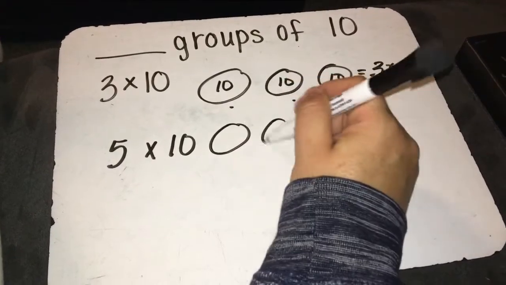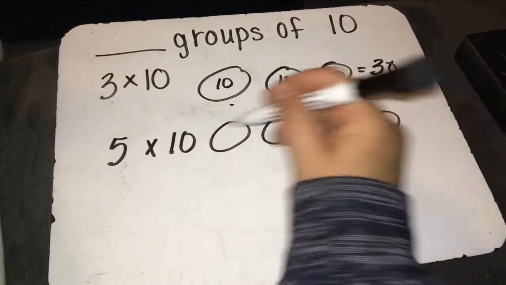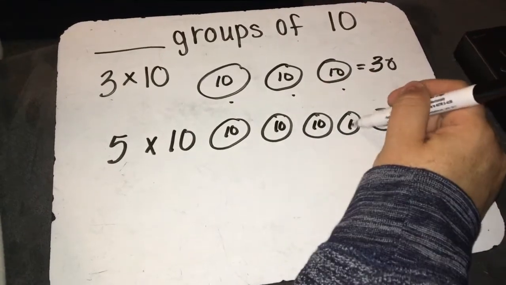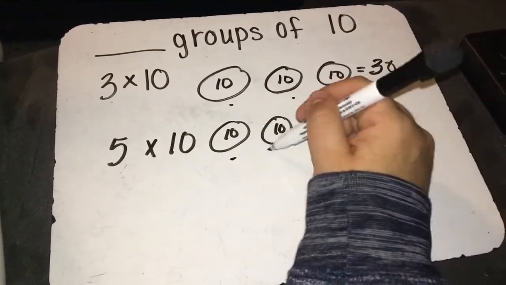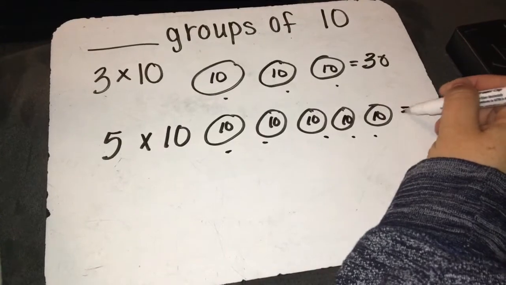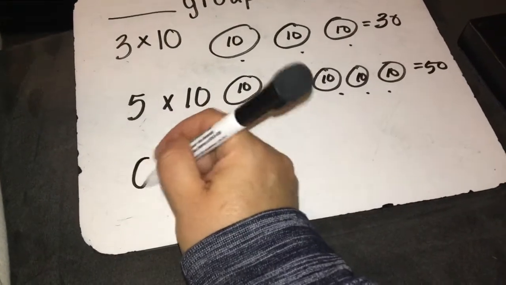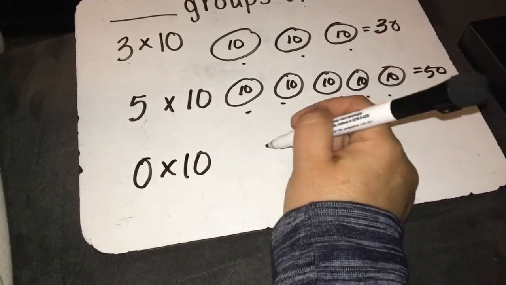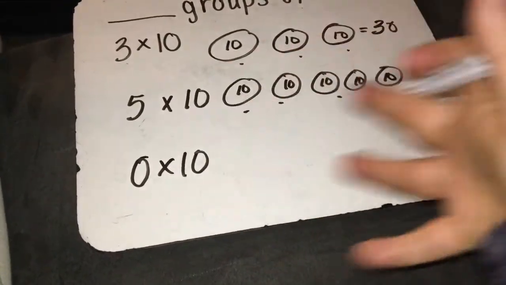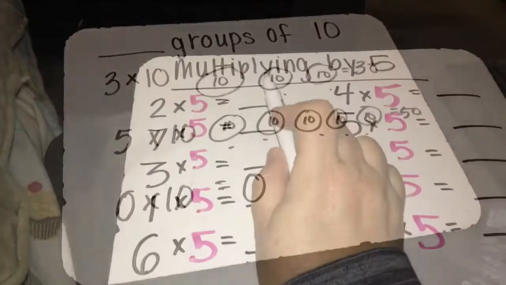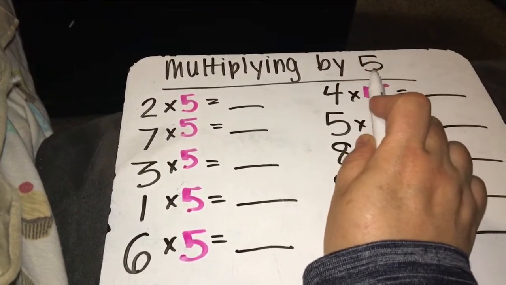Going to make our 5 groups, and we're going to put 10 in each group. You can count by 10s. Get 50. Lastly, we have 0 groups of 10, so there are no groups, so there are none. So it's 0.